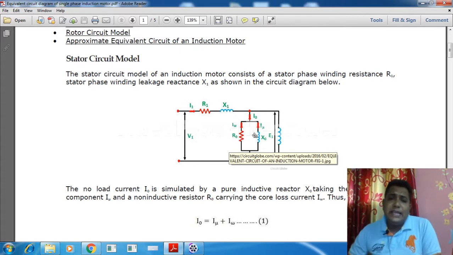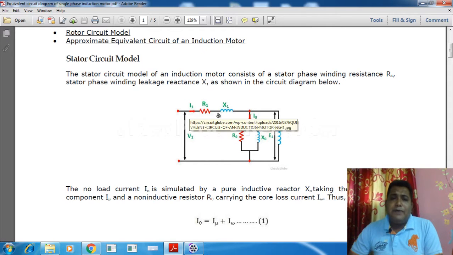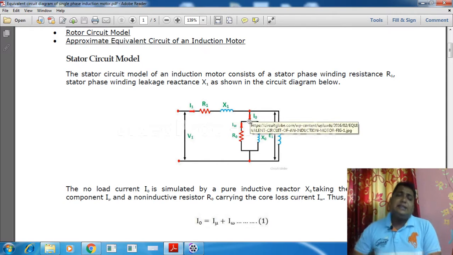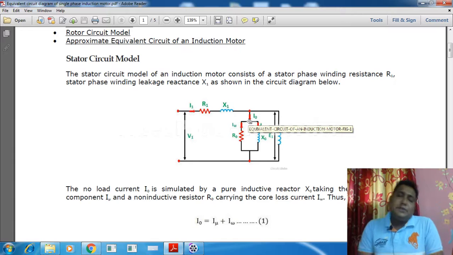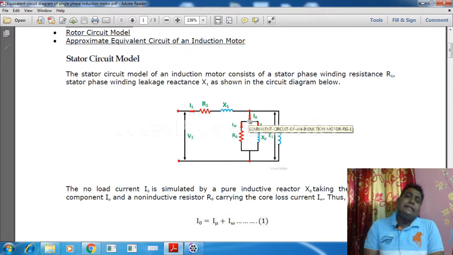As we can see, the I1 current is flowing like that, and when it comes to the branch it is named I0, and that current divides into two branches. In one branch we have the resistance that is responsible for the losses of the circuit, and X0 is the reactance of the circuit for which the magnetizing flux is generated.